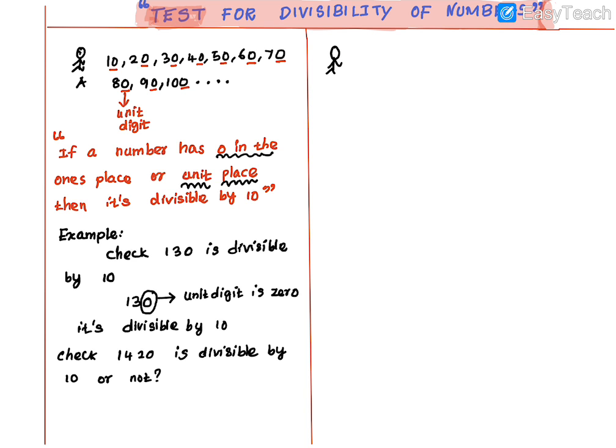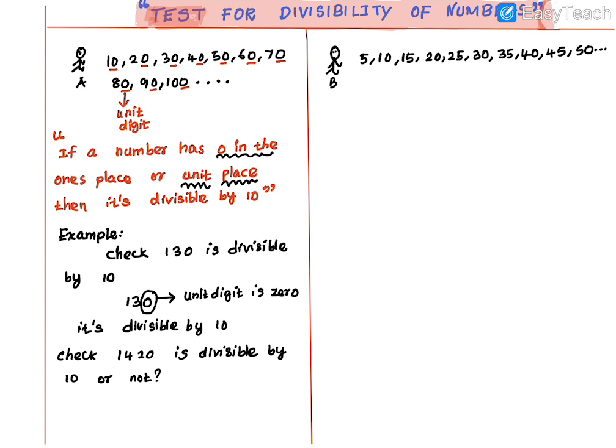Next, one more person, the person B. He counts the numbers starting from 5, 10, 15, 20, 25, 30, 35, 40, 45, 50, and so on. He counts the multiples of 5.